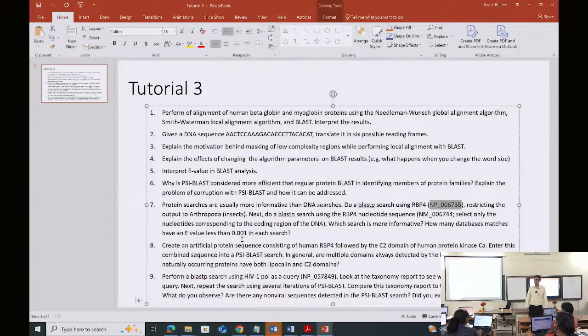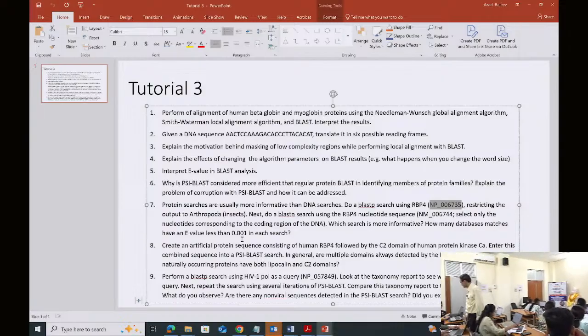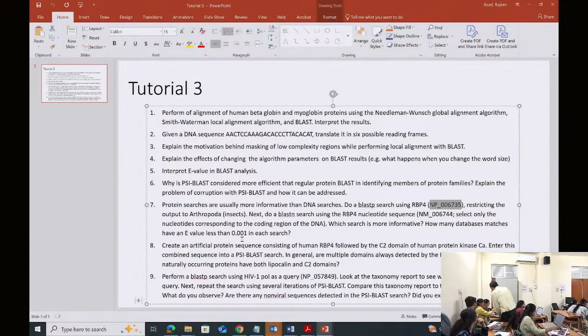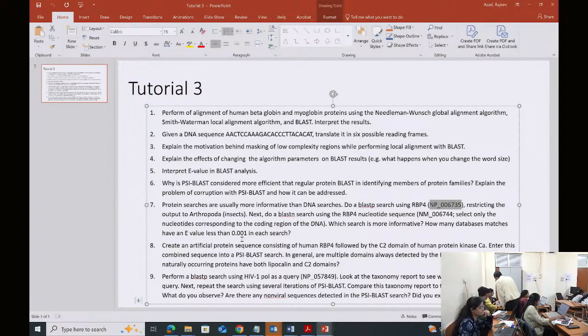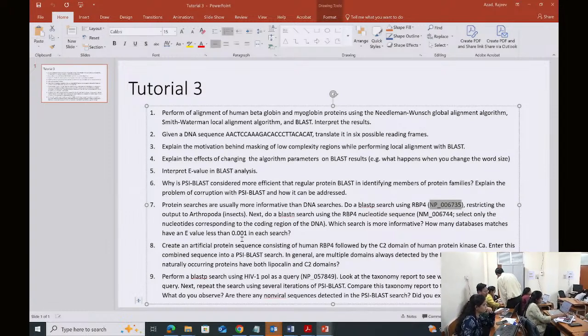So how many hits you are getting? Nucleotide 667. Oh, and nucleotide blast. So did you get what happened? Oh yes, yeah. Go up actually. Go up so that I can see what's going on.